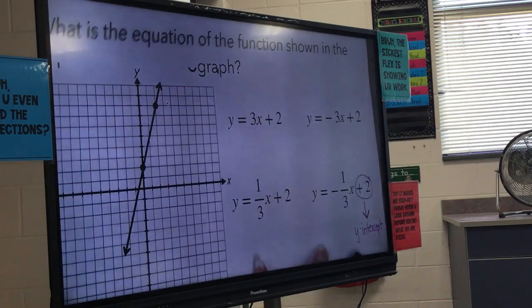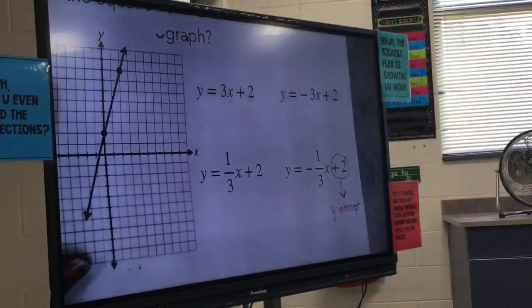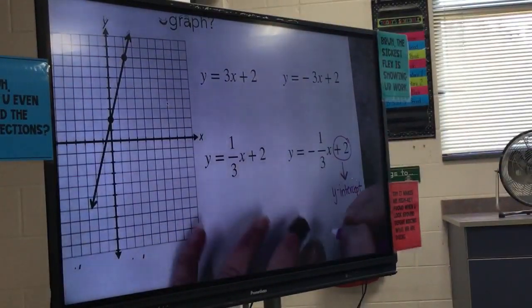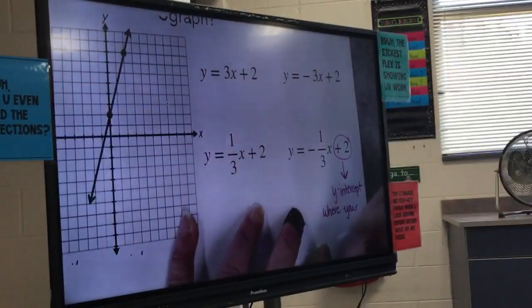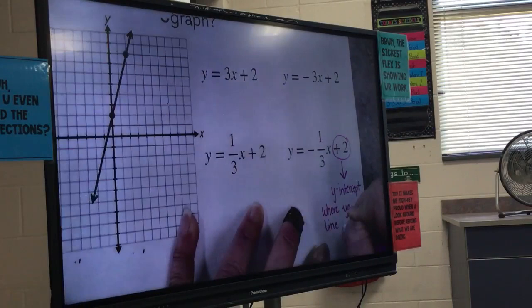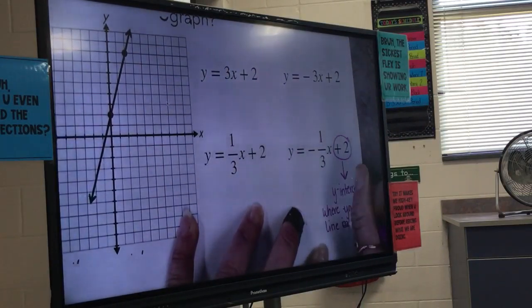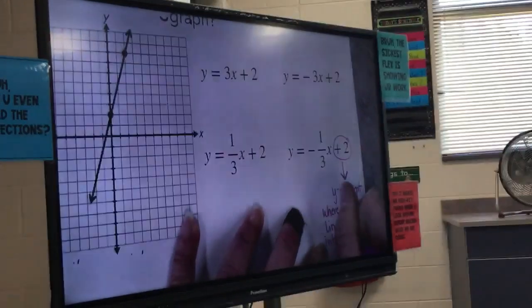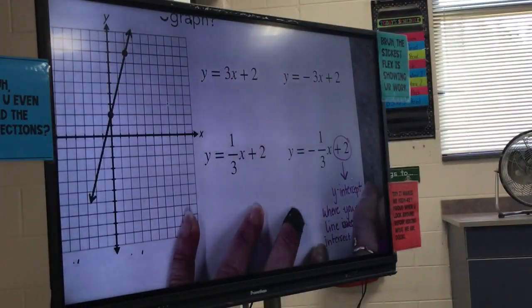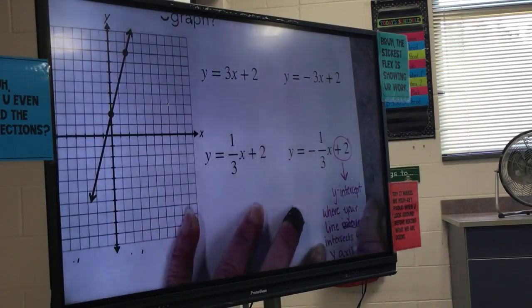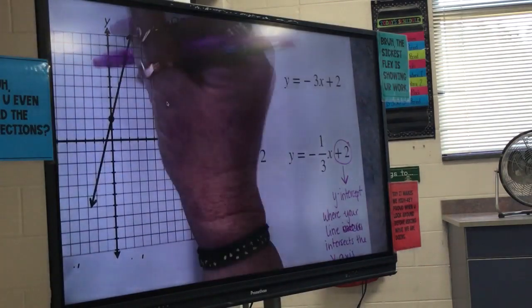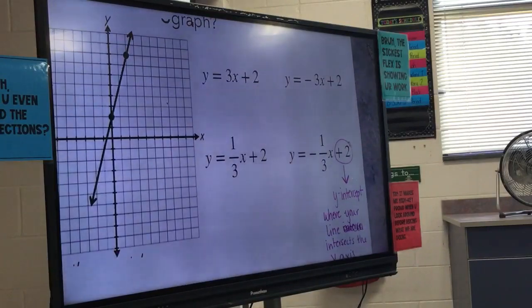And your y-intercept is where your line intersects the y-axis. Okay? So looking at our y-axis, where does our line intersect it?